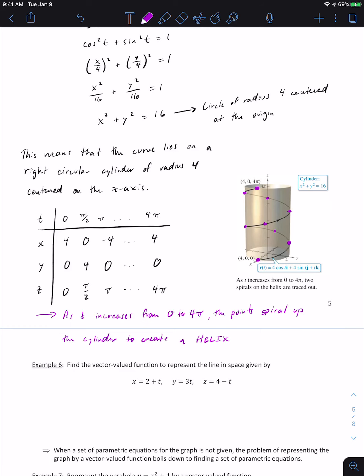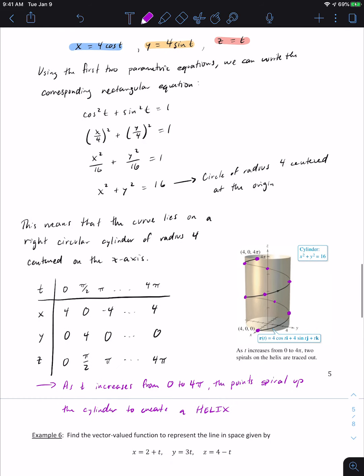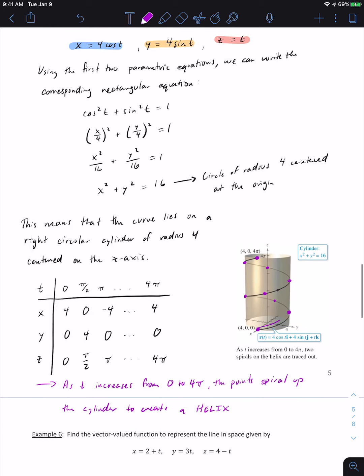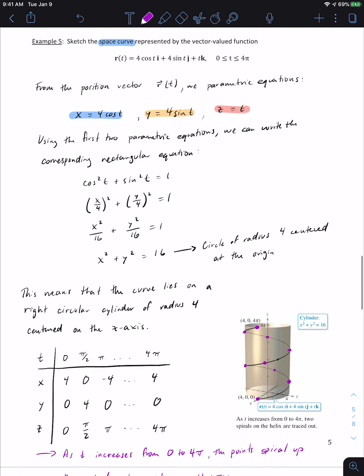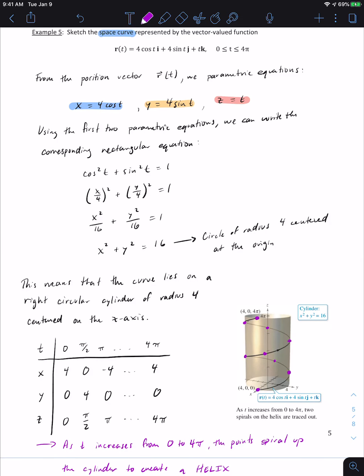So again, the curve is what we're interested in. This isn't the equation of a cylinder. This is an equation of this curve that looks like this, that goes around and around, right? And that's a helix. Think about a DNA sequence. So this space curve is a helix.